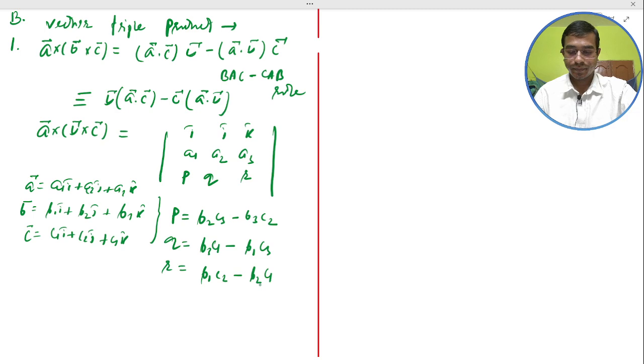Next, vector equation of a line passing through A and B. Very important.